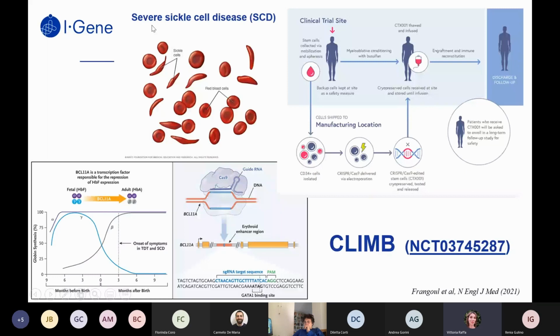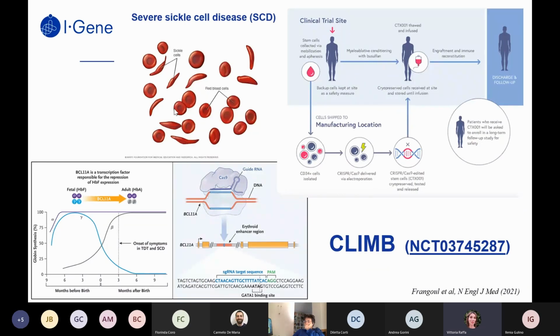As you know, severe sickle cell disease, anemia falciforme in Italiano, is a very severe pathology because the red blood cells couldn't express hemoglobin. They couldn't fix oxygen, and because of that, these poor patients are dependent on continuous transfusion. So it's a very severe pathology.